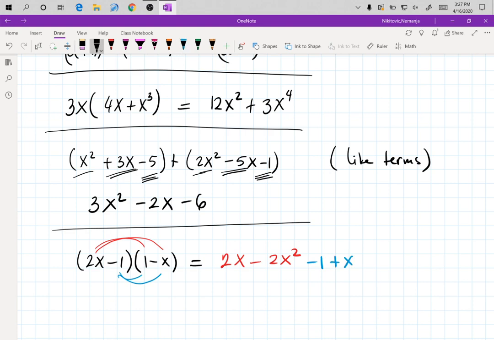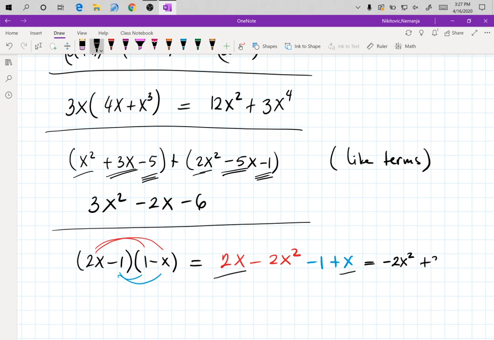Now your job is to, for full credit, put this in the descending order of powers and add like terms, like this one and this one are like terms. So we have to list negative 2x squared first, because that one has the highest exponent.